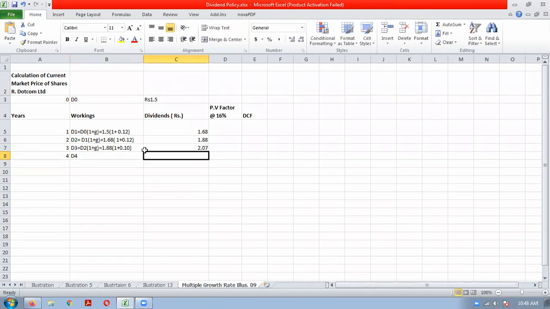2.07. Then D4 will be based on D3. D3 into 1 plus G, that is 2.07, 1 plus 10 percentage growth rate. So 1 plus 0.10 into 2.07. So it will be 2.28.